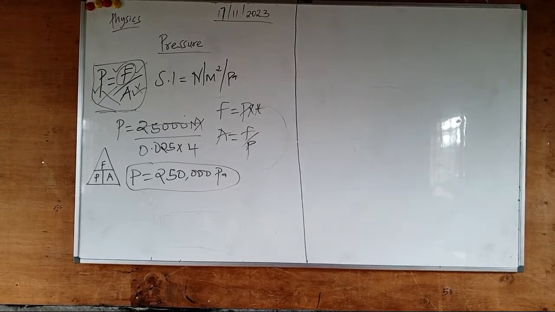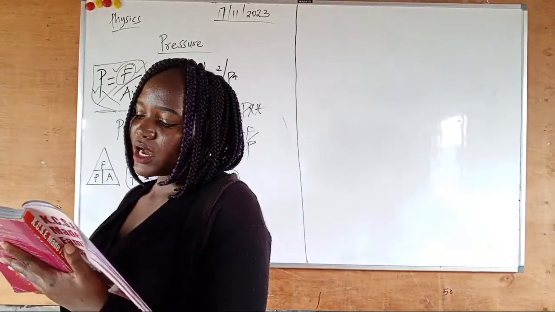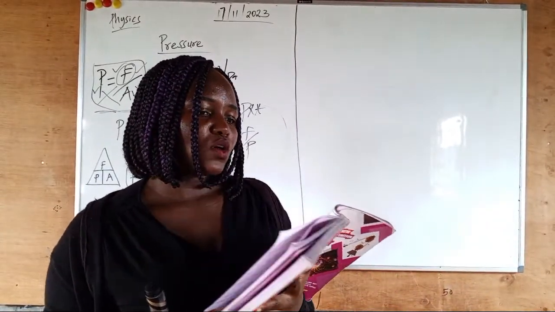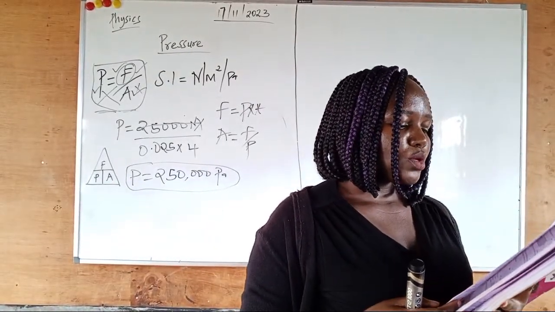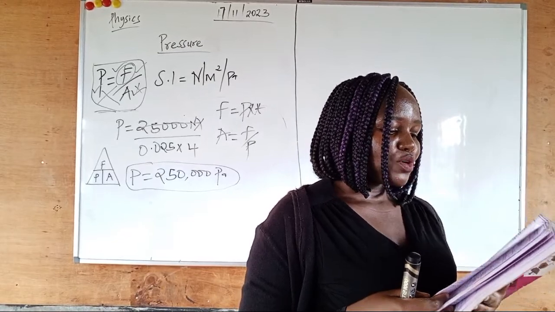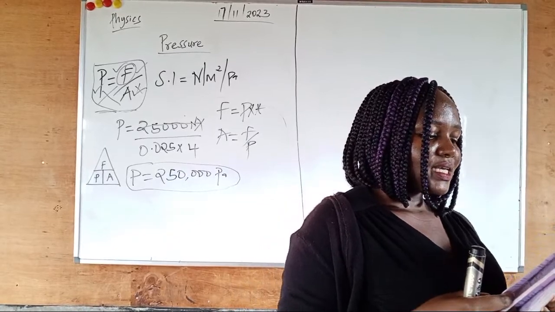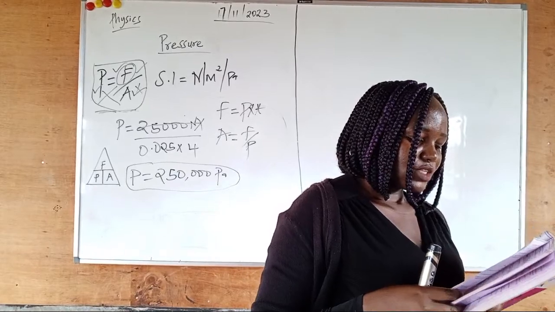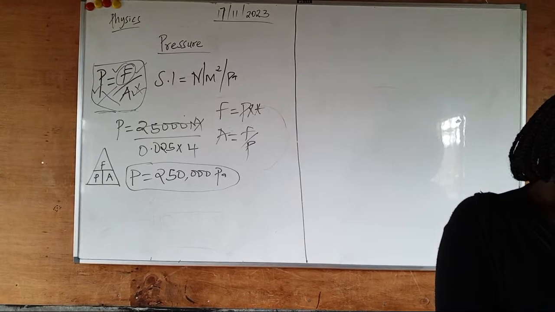Okay, like this, write this. A hole of area 2.0 centimeters squared at the bottom of the tank, 2.0 meters deep, is closed with a cork.